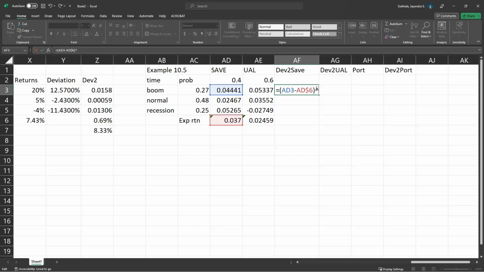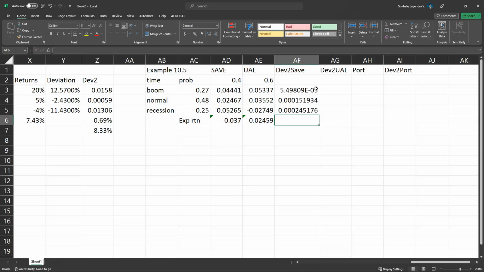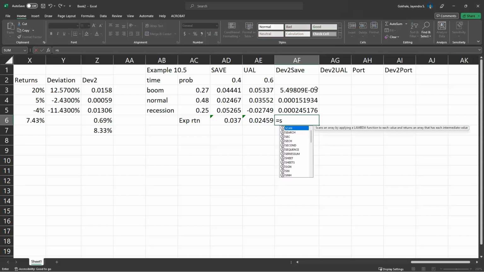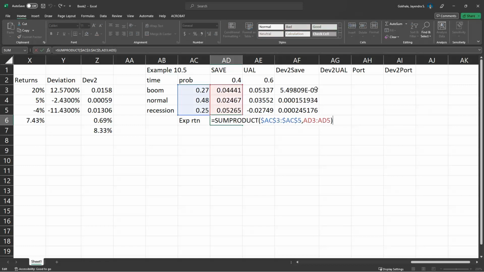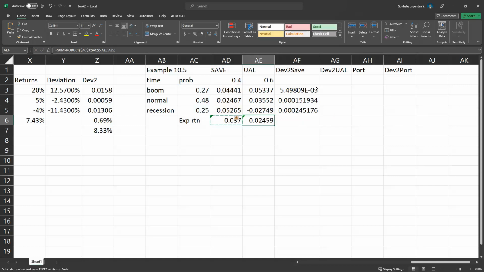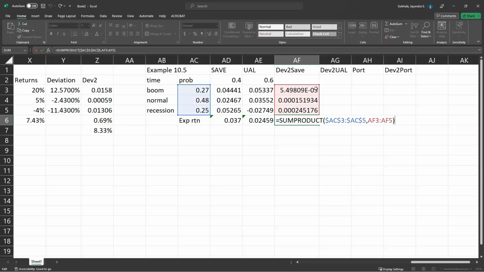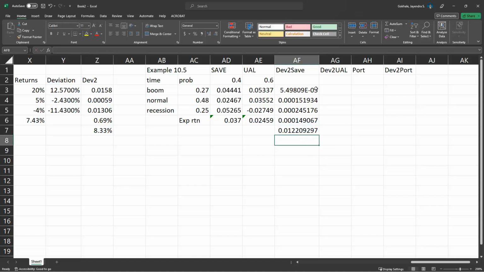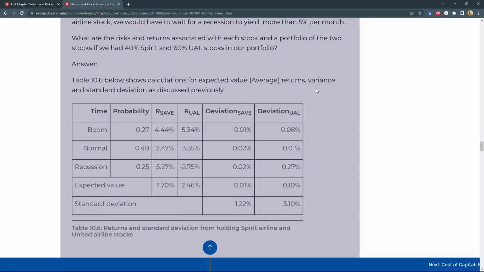And so this gets a square sign because that's deviation squared. And then press enter, Control D, Control D. To find out the variance, we have to take the sum product of the probability weights, just like this function here, except that the probabilities would remain constant. So that's the variance. And the standard deviation is the square root of this. So 1.22%. There you go, 1.22%.